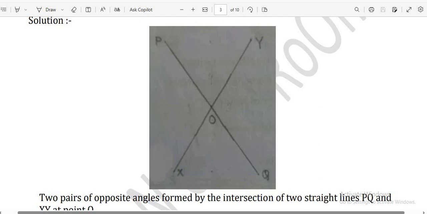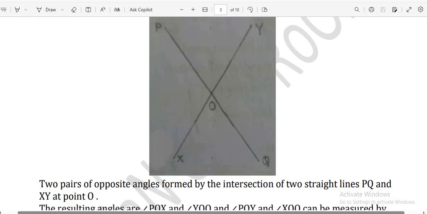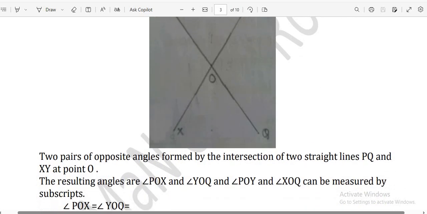Two pairs of opposite angles are formed by the intersection of two straight lines PQ and XY at point O. The resulting angles are angle POX and angle YOQ, and angle POY and angle XOQ, which can be measured by protractor.